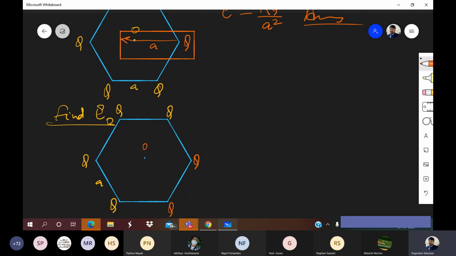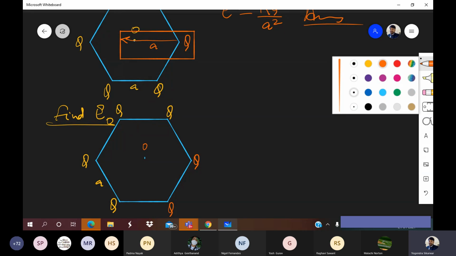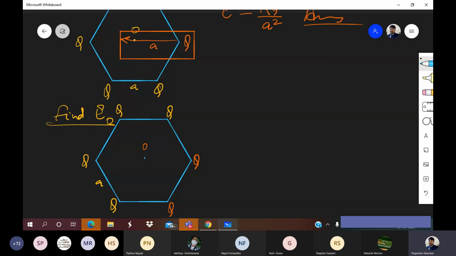So we kept these two charges, and the moment we kept these two charges here, net electric field became zero at the point O. That means the electric field due to four charges and the electric field due to these two charges at point O are equal but opposite in direction.